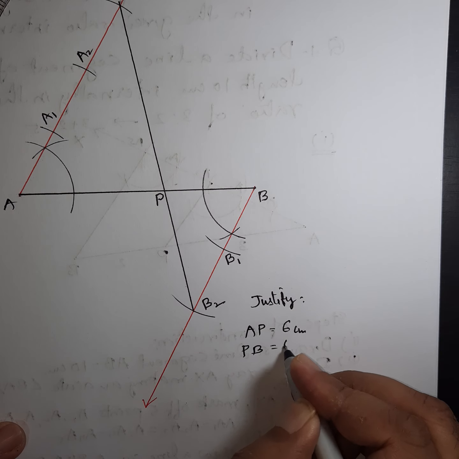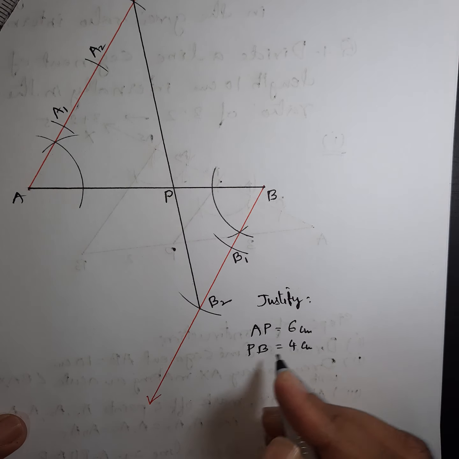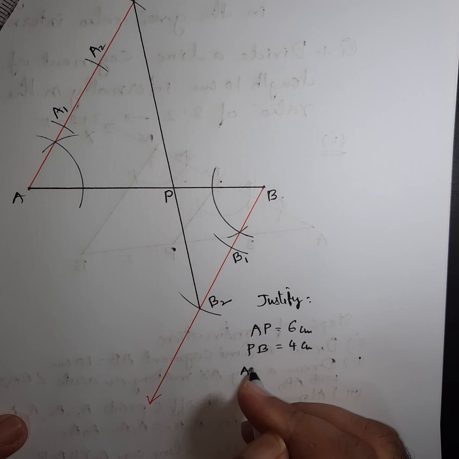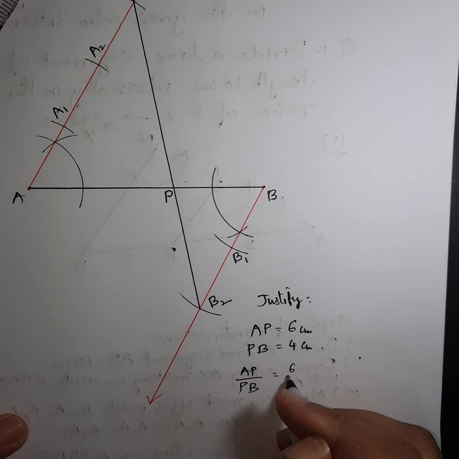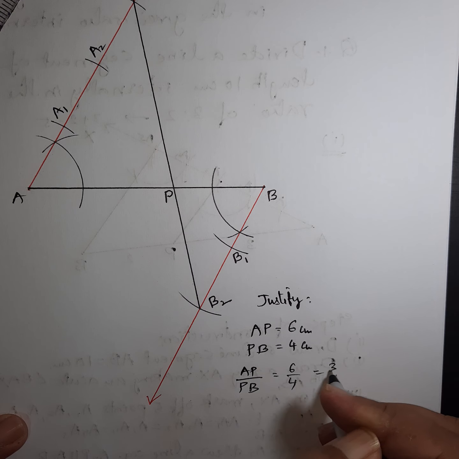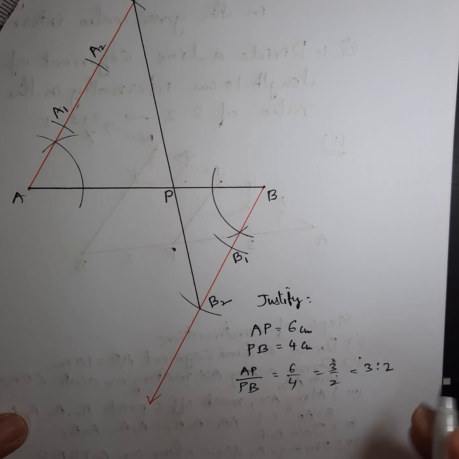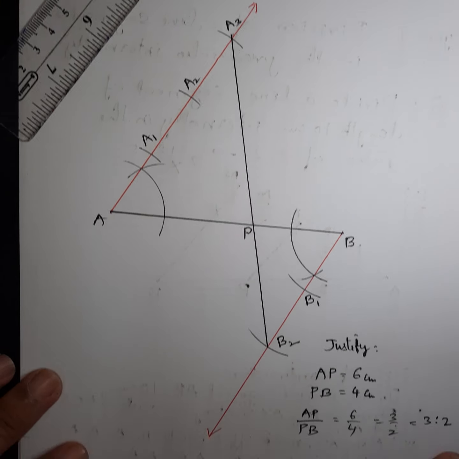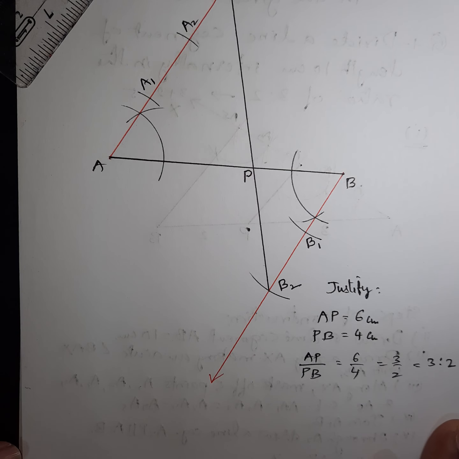So PB is 4 centimeter, and the ratio AP upon PB is 6 upon 4; 2 3s are 6 and 2 2s are 4. So we got the ratio 3:2. So these are the two methods. You can write any method.